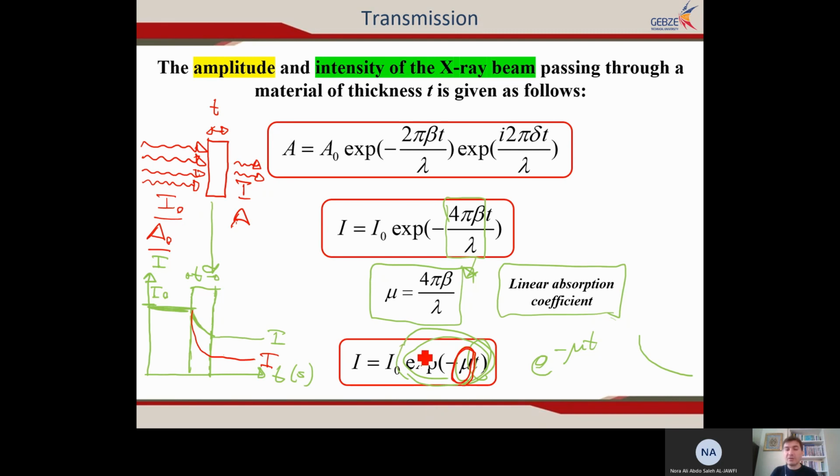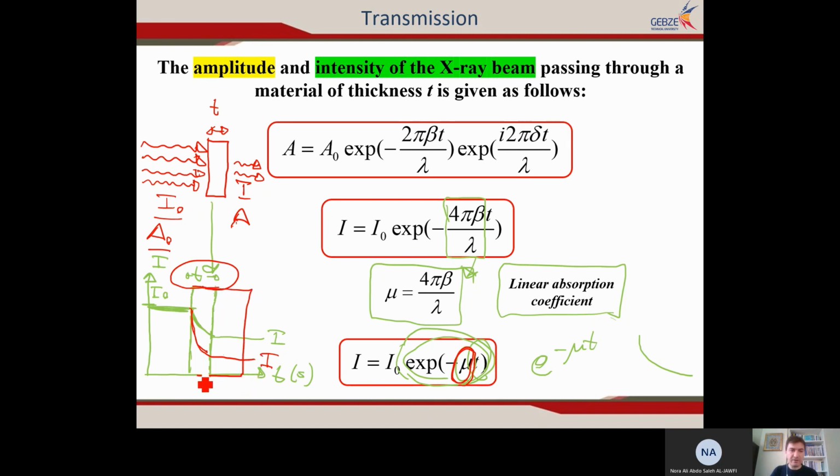For example, we are using lead. Lead has a very high mu value for X-rays, and then it can easily stop X-rays with very small thicknesses of the lead material. Or if you don't have a material with higher mu, then you can increase the thickness, and then you can also decrease the intensity.